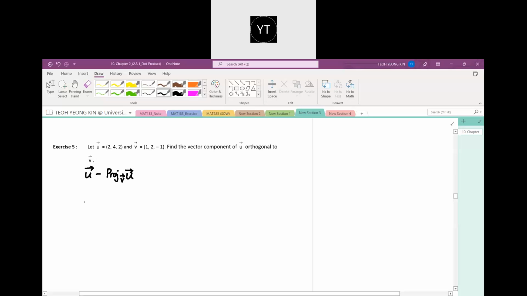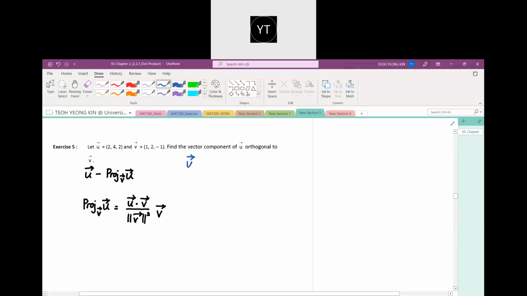If you still remember, the projection of vector u onto vector v is equal to the dot product of vector u and vector v divided by the magnitude of vector v squared, multiplied by the vector v. So we need to find these separately. Then we substitute in the formula of the projection of vector u onto vector v. So let's start with the first one.